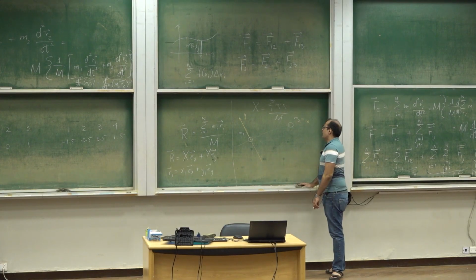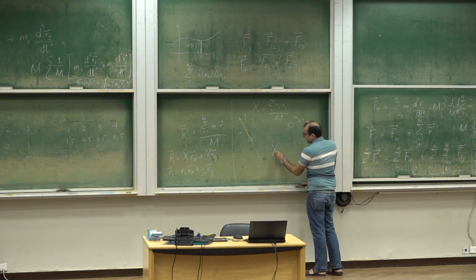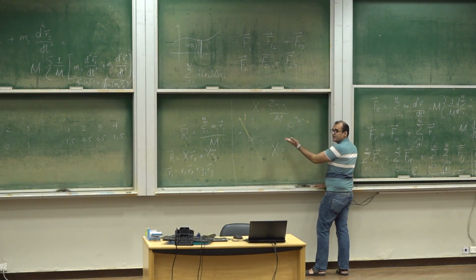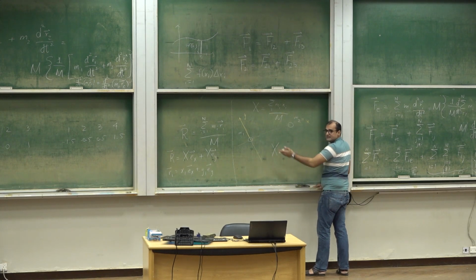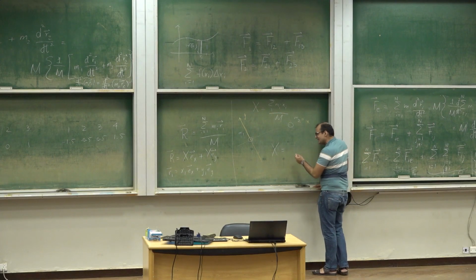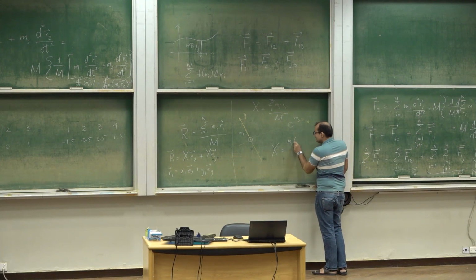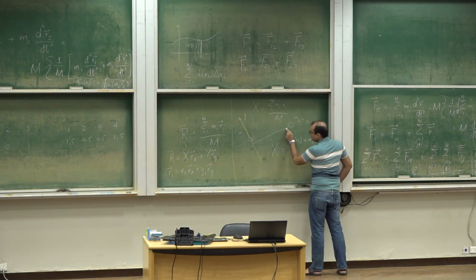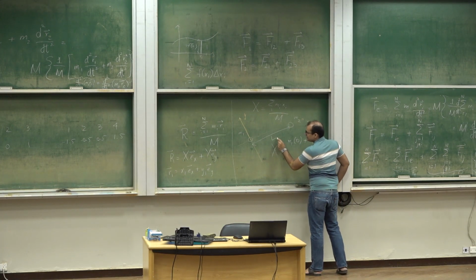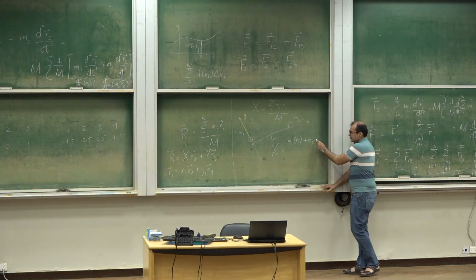So capital X in this case, what will capital Y be in this case? 0, because the y coordinates of both particles is 0. Yes, thank you. So this is equal to m1 times 0 plus m2 times... no, not 0. If this length is L, if the two particles are L away, then what will I write here?